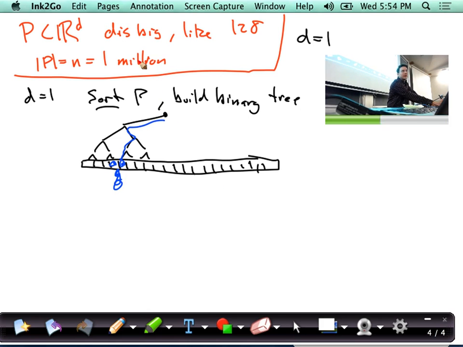Does anyone know what to do if the data itself is not just 1 million, but a few billion or something, so it doesn't fit in the memory of your computer, or you don't want to store it in memory all the time because you're doing other stuff? So you want to store this on disk. What would you do instead of just a regular binary tree?